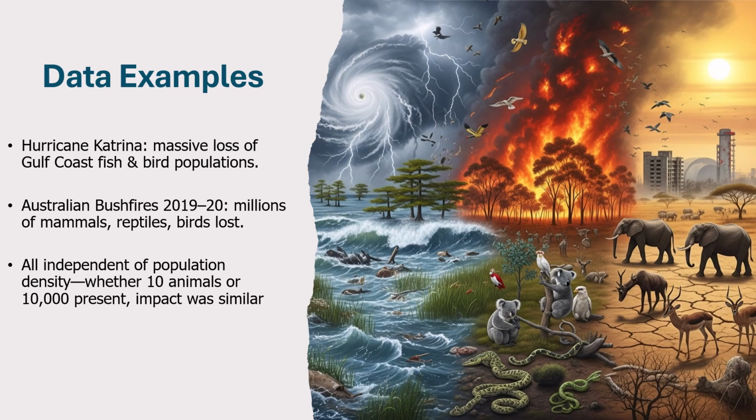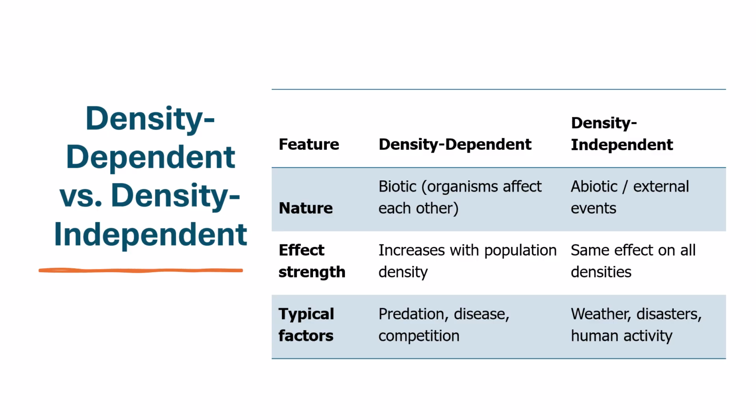Similar droughts across sub-Saharan Africa affect both small and large communities of wildlife equally by reducing water and plant growth. Nuclear accidents like Chernobyl and Fukushima led to human evacuations. Animals died of causes unrelated to population density.